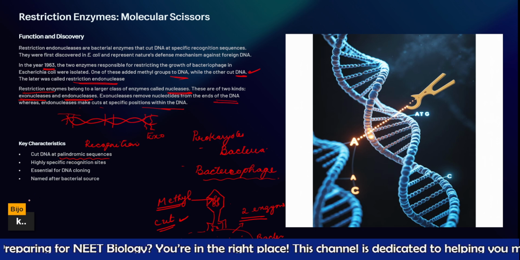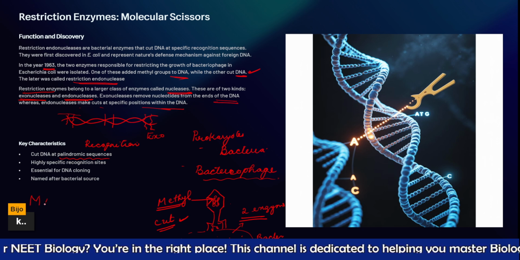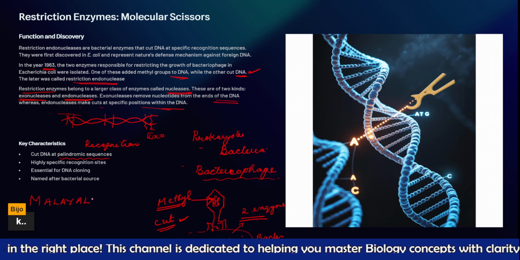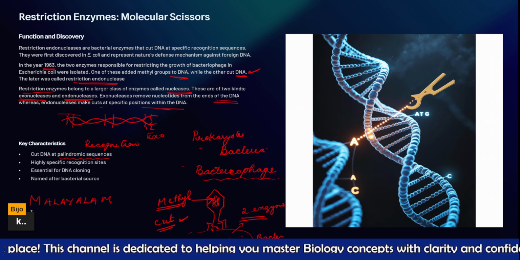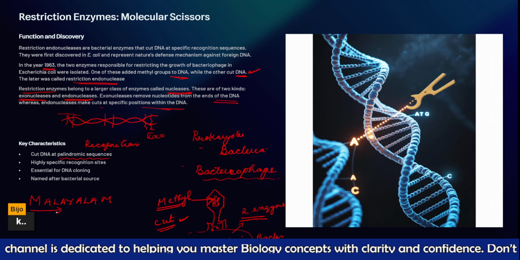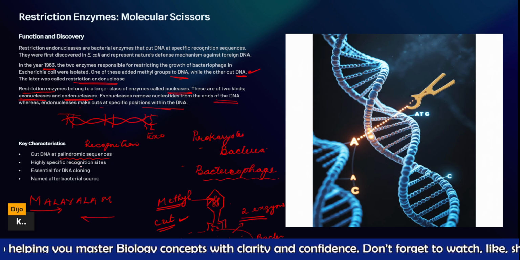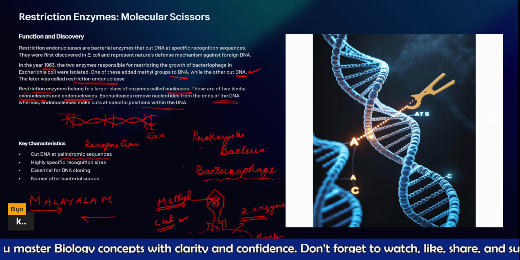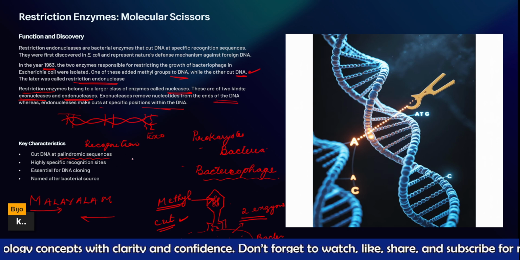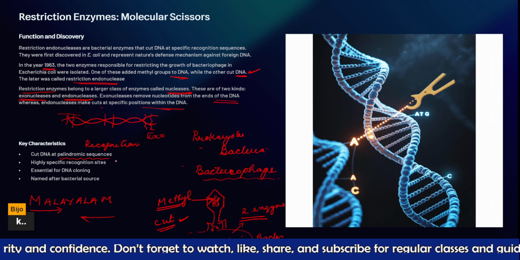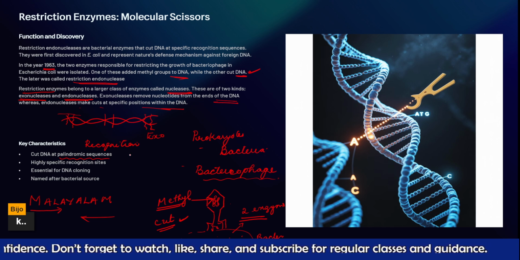For example, I'll write Malayalam. When you read this from either side, it is the same. That is a palindrome. So restriction enzymes recognize certain sequences in the DNA, and they are palindromic sequences only.